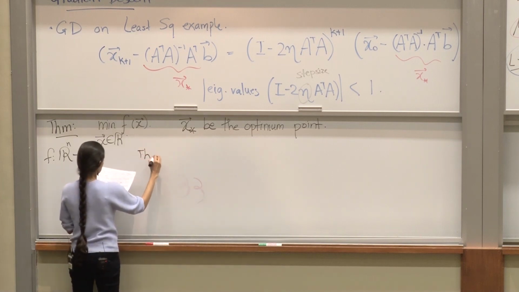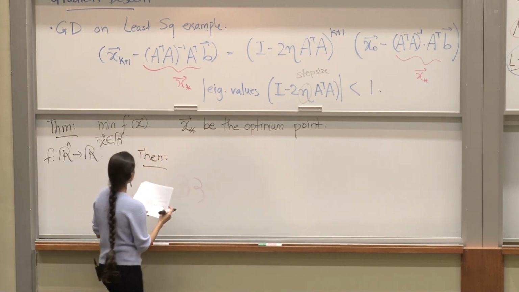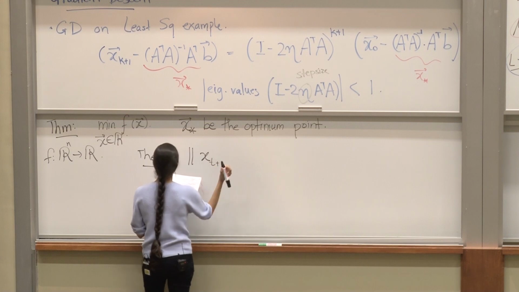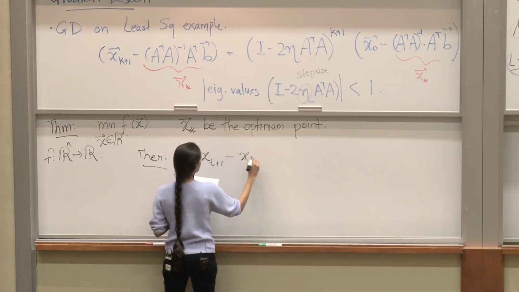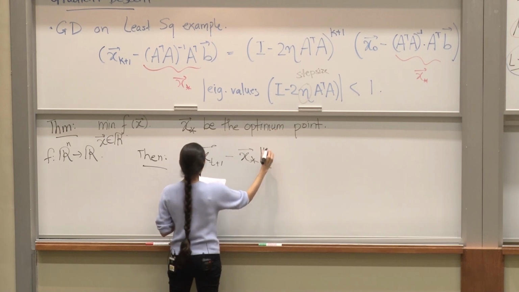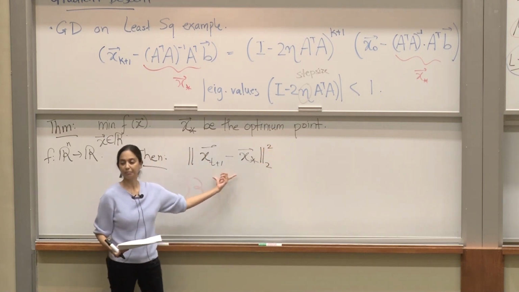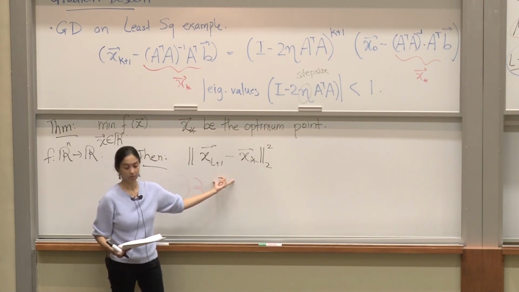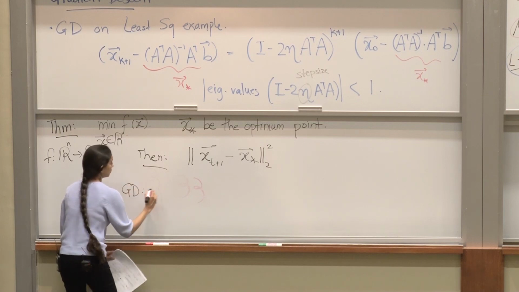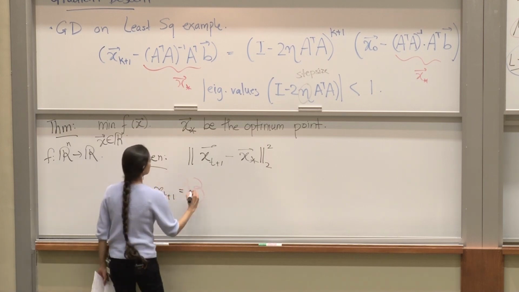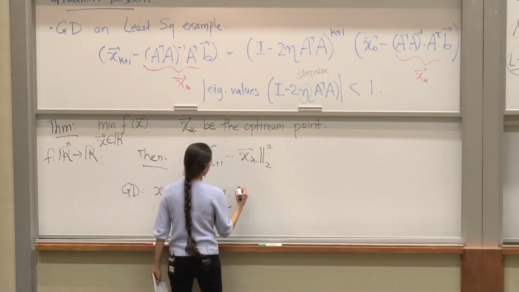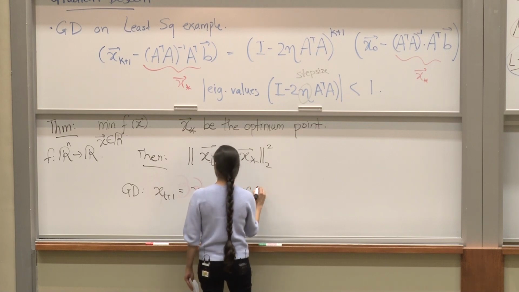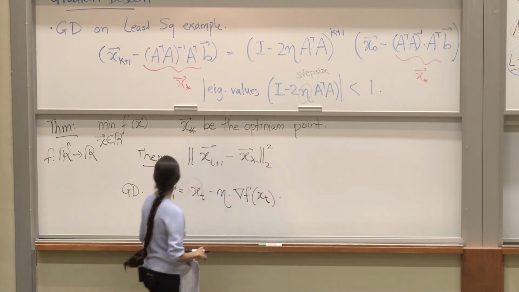Then I want to look at the distance that I am at time t plus 1 from x star. Okay, so I'm saying at my t plus 1th iterate of gradient descent, right? Remember, what is gradient descent doing? x_{t+1} is equal to x_t minus eta times the gradient of f of x_t, okay?